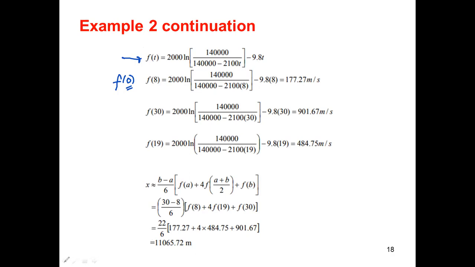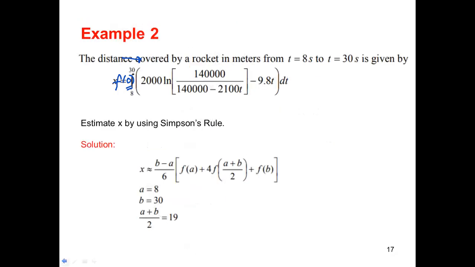It's because your interval here would be 30, it's 30 that you have there, right? Now, a plus b divided by 2 is the middle interval, the 19.